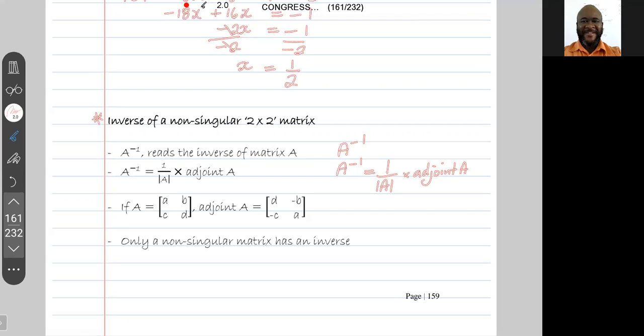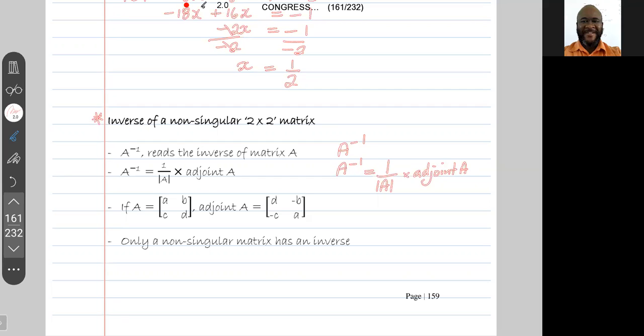Guys, if A is the matrix A, B, C, D, to get the adjoint matrix, you're going to switch around the leading diagonal elements. The leading diagonal elements are A and D. You're going to switch them around.